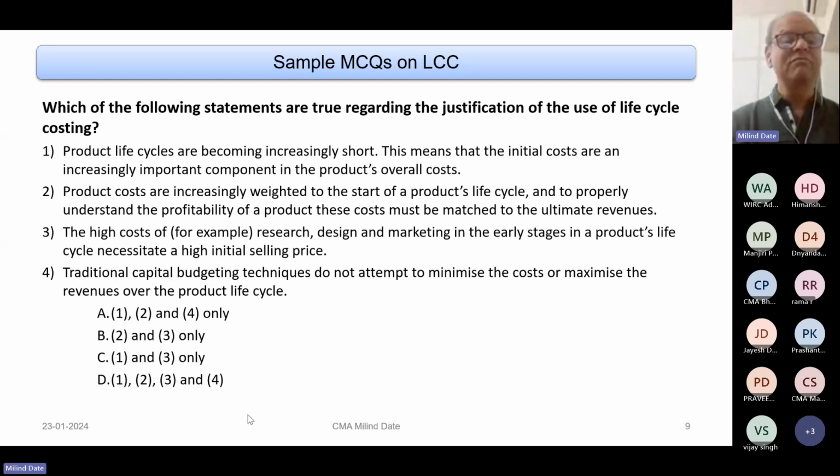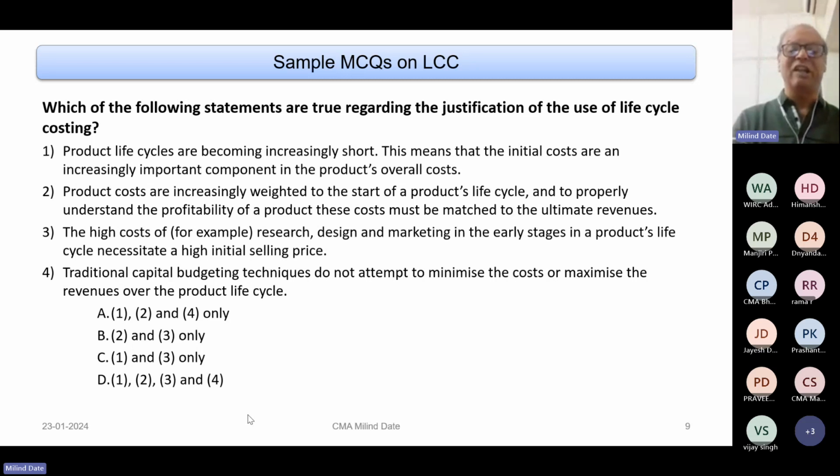High costs, for example, of research, design, marketing in early stages in a product's life cycle necessitates high initial price. Necessitates. That means keeping prices at a very high level is like a mandatory thing. That's what the third sentence says. And the fourth says traditional capital budgeting techniques do not attempt to minimize the costs or maximize the revenues over the product life cycle.